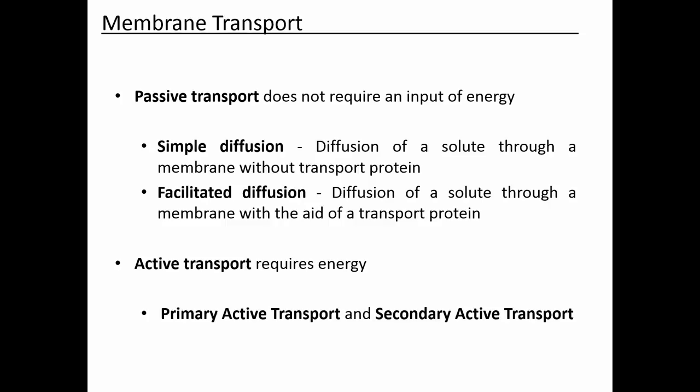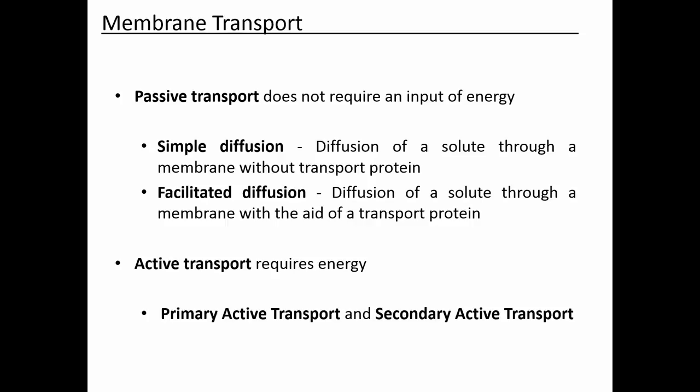Okay. So then when we look within each, one of the biggest differences between simple diffusion and facilitated diffusion is that simple diffusion does not require a membrane protein. So there's no protein involved in moving the substance from one side of the membrane to the other.